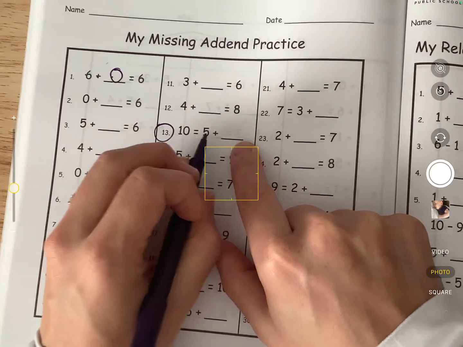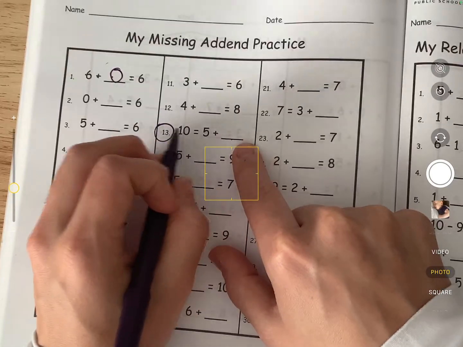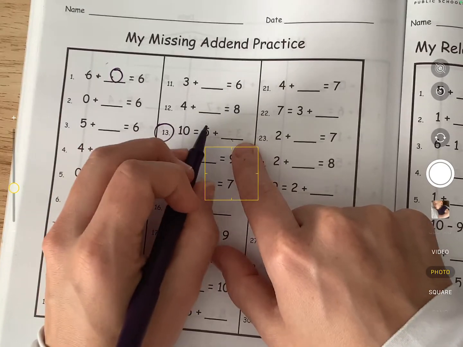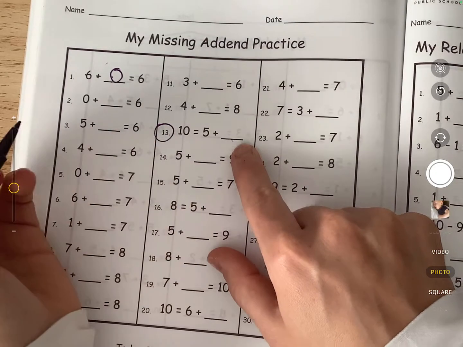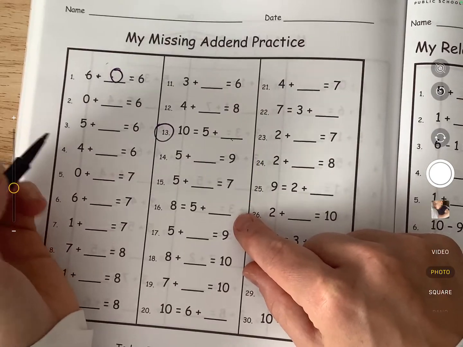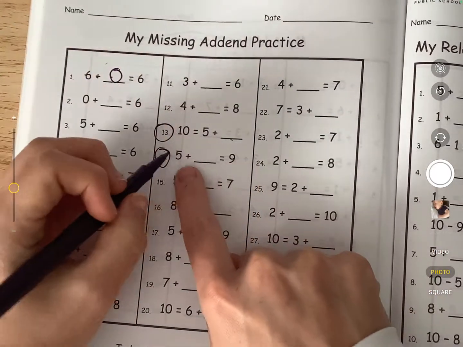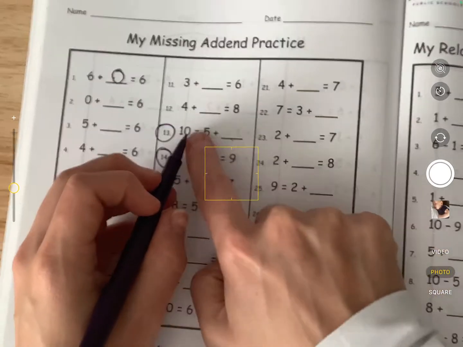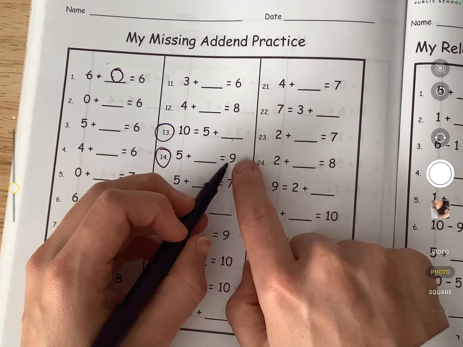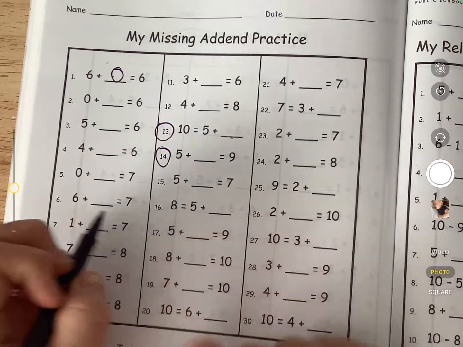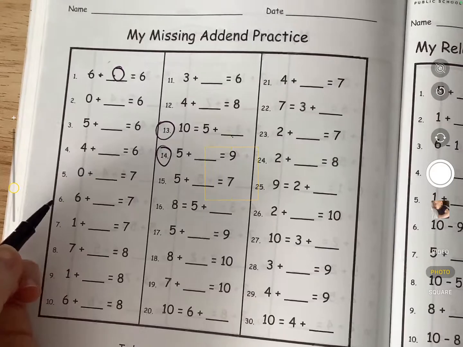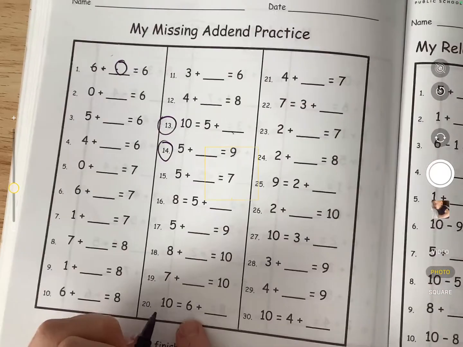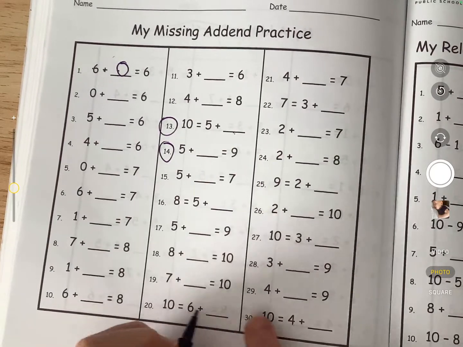So what you're thinking is 5 plus something equals 10. You need to figure out what that something is. And this one is 5 plus something equals 9. You see how they just flip-flopped the equal sign? So pay attention to where the equal sign is. You're always filling out the missing addend, the missing number to add up. That's going to give you the answer.